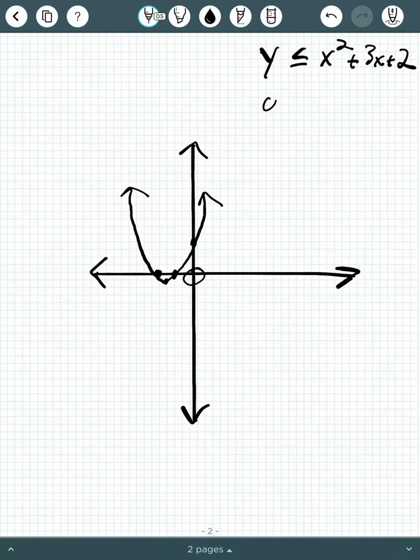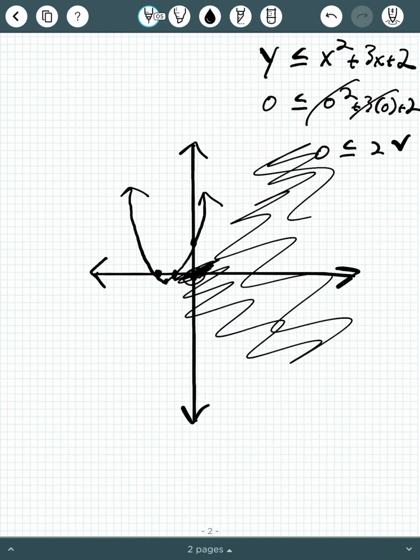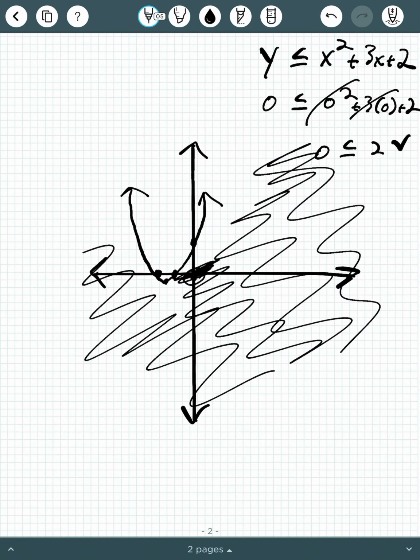To do this, let's pick that same easy test point of 0, 0 and see if it makes this true. Well, those cancel out. So we have 0 is less than or equal to 2. That's true, meaning we shade over top of this and all outside of our parabola.